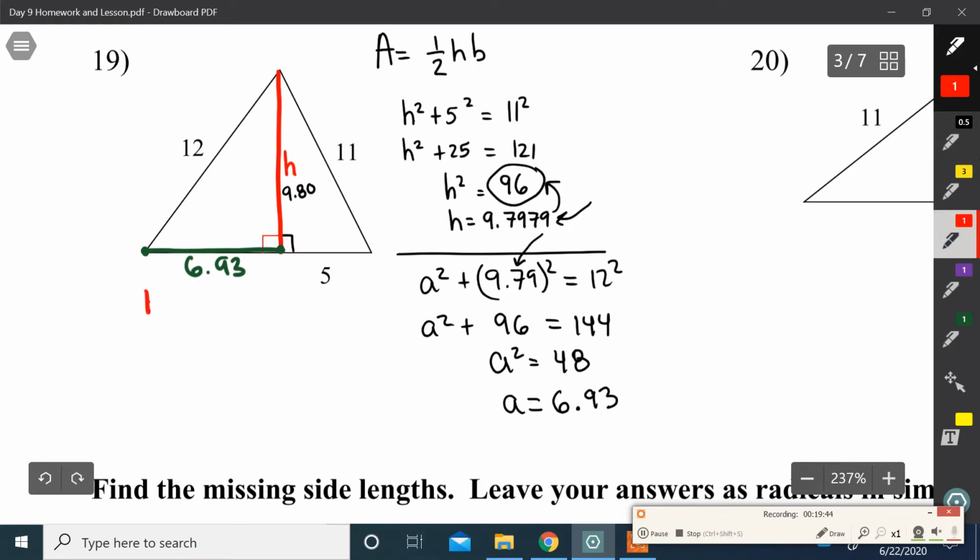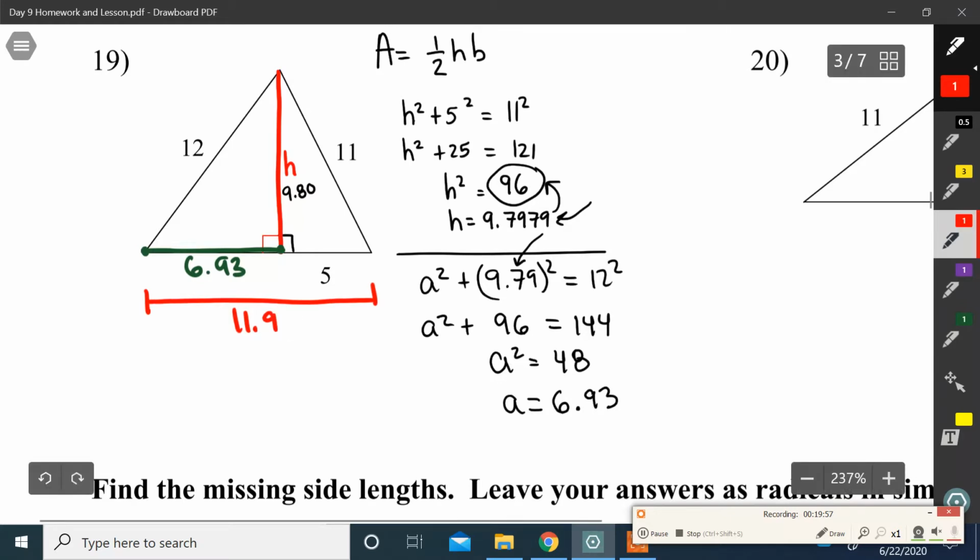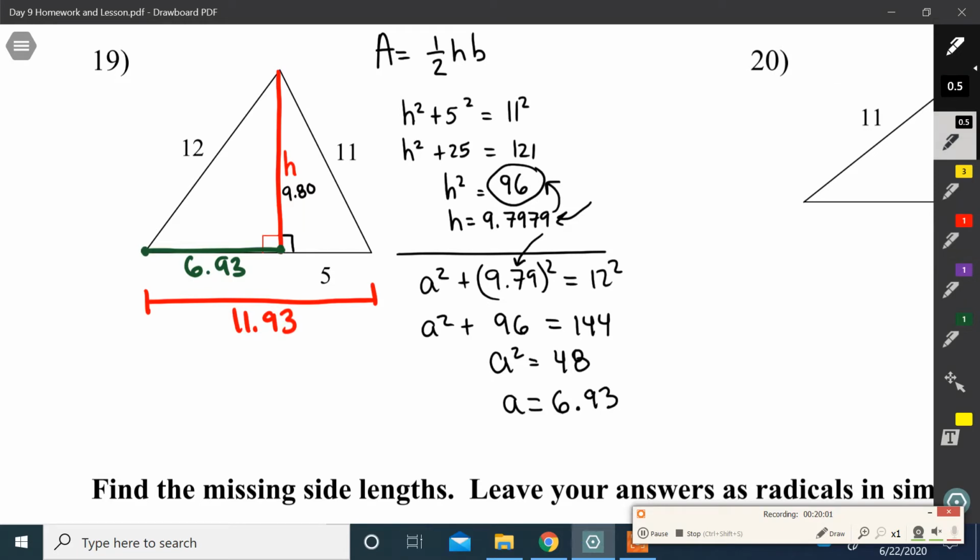Well, first of all, let's talk about the base. I got to add those two in order to find the base. So I add 5 to that and I get 11.92, let's just say 11.93. Okay, so as you can see, I have everything that I need to find the area.